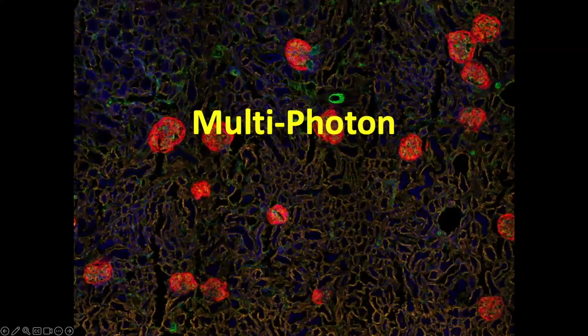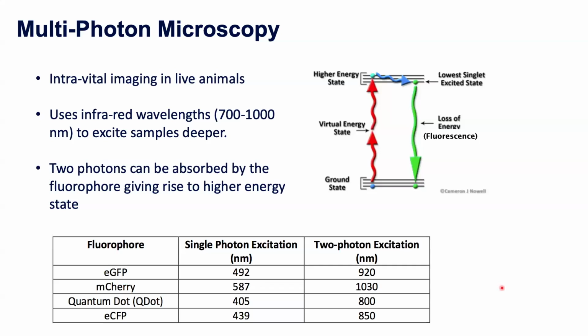All right, let's move on to multiphoton. So the light sheet in our example for large tissue is very much a fixed sample imaging approach. With multiphoton microscopy, we can actually do what we call intravital imaging on live anesthetized animals.